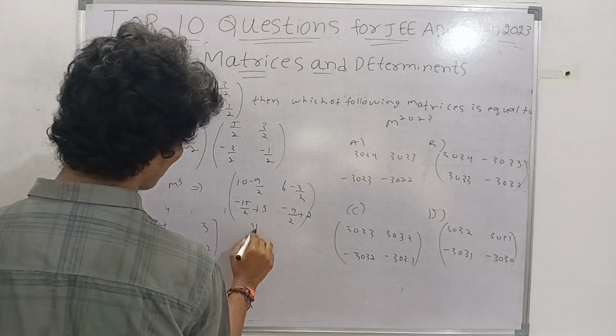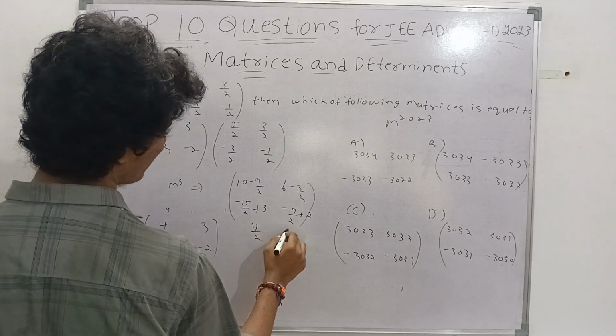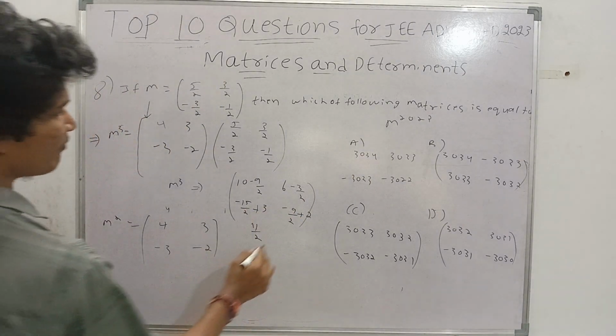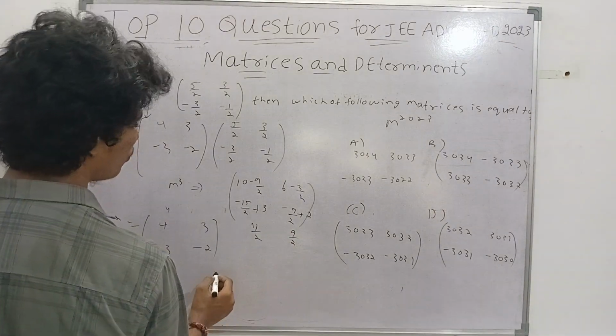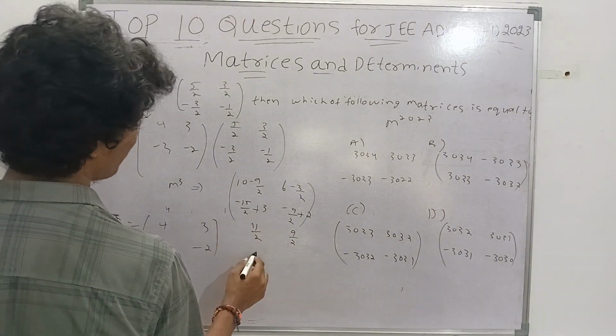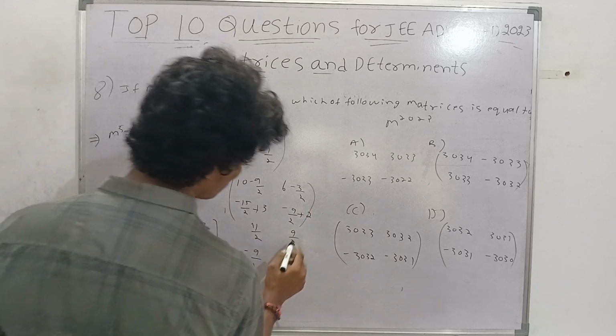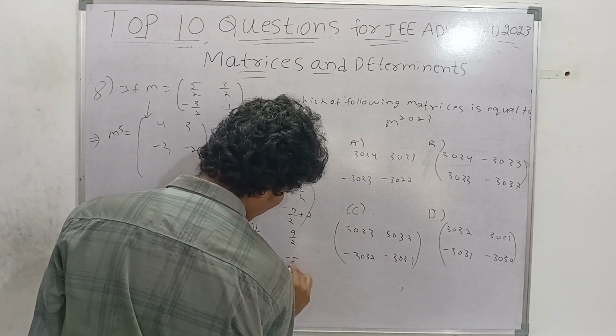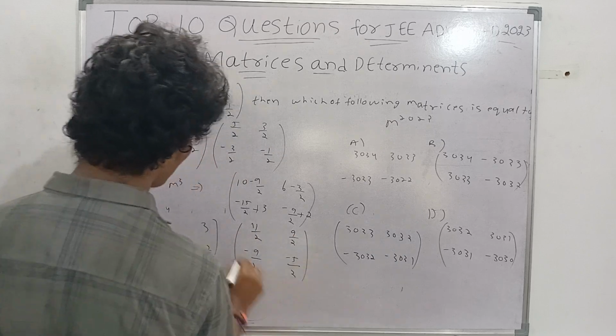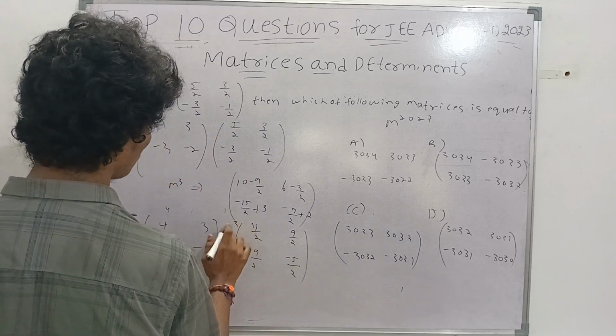And when we solve this, we will get 11/2, 9/2, minus 9/2, and minus 5/2. So this is M cube.